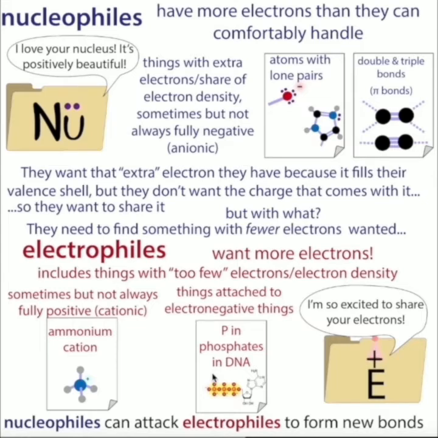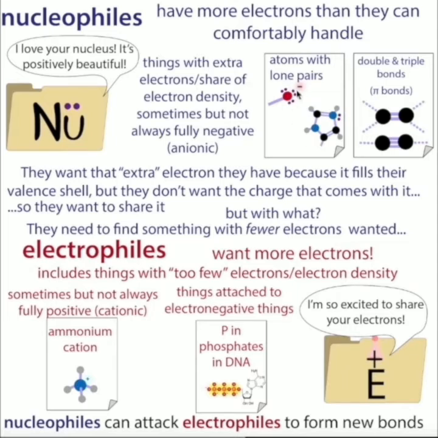And if we want to attack it, we can use the opposite. We need something that has more electrons than it wants. This is what we call a nucleophile. A nucleophile is nucleophilic, it loves the nucleus, because the nucleus is where there's positive stuff. So it's often negative.